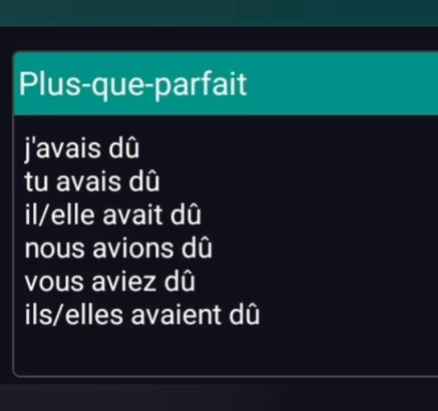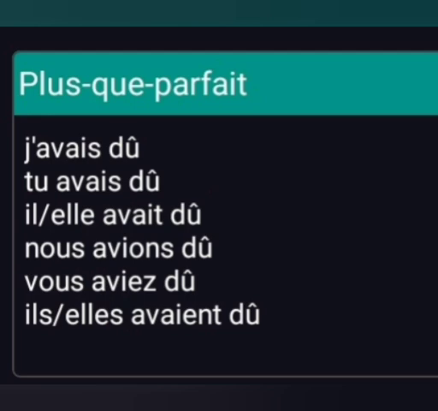They had needed to. If you remember, it's to have to or to need to. So j'avais dû, tu avais dû, il avait dû, elle avait dû, nous avions dû, vous aviez dû, ils, elles avaient dû. So that's the conjugation of devoir.